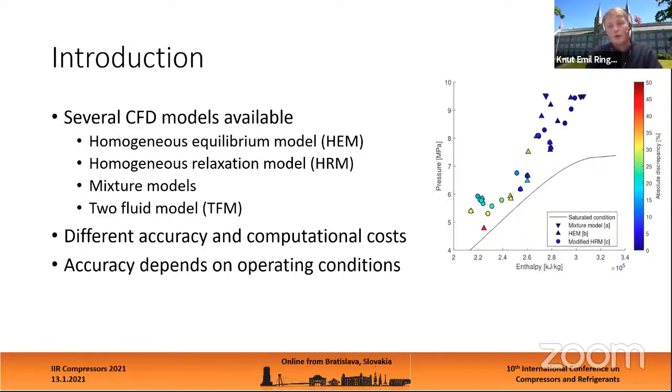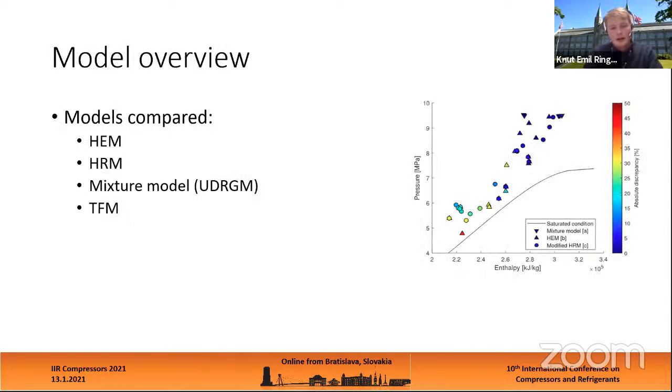So for example, for high pressure conditions, equilibrium models are typically better than other types of models. So in our work, we compared some of these most prominent models for a specific test case. And I will now quickly go through what the different models are and the difference between them.